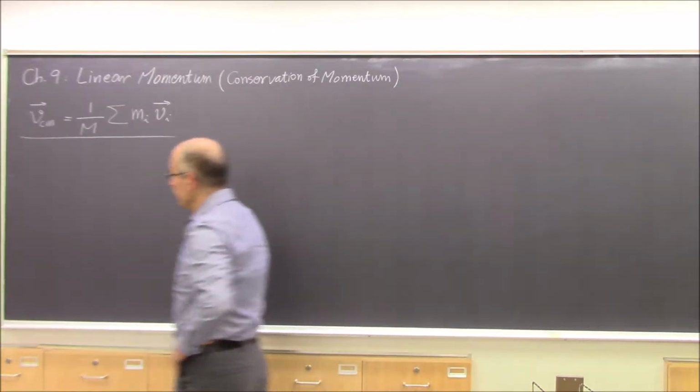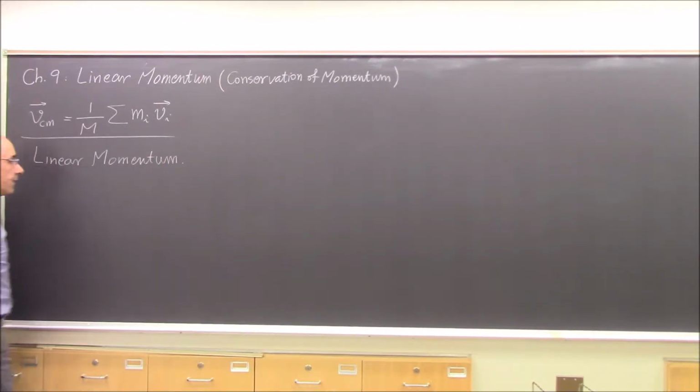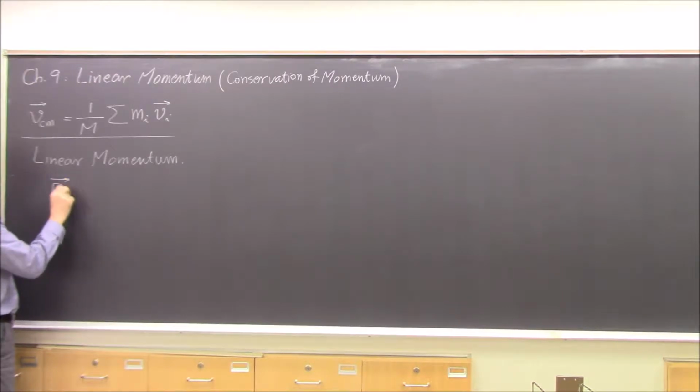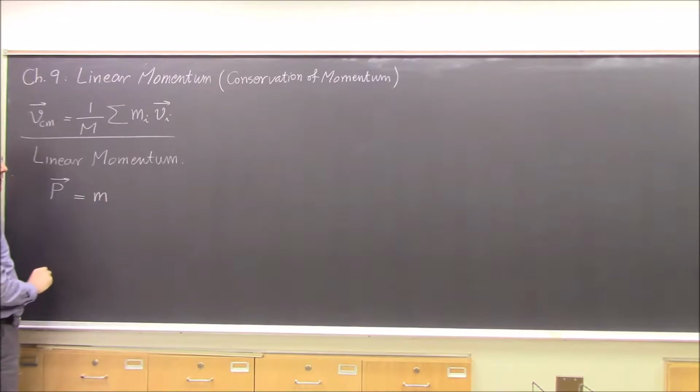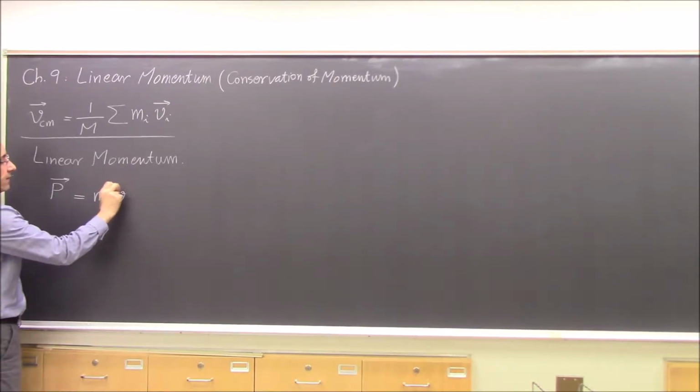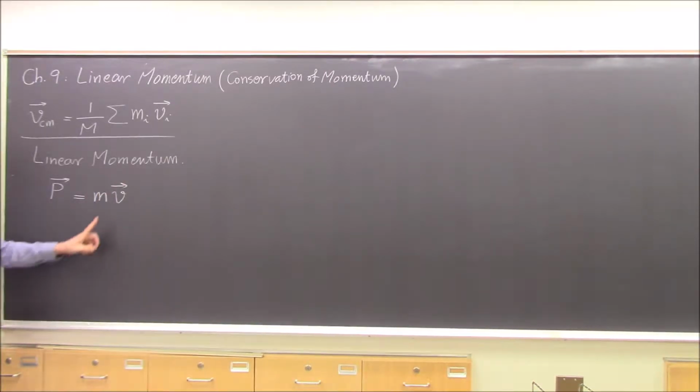A linear momentum for a particle that has a mass m and moves at velocity v, we define linear momentum denoted by p, and is defined by just multiplication of the mass times its velocity vector. Because velocity is a vector, you multiply by a scalar, you get another vector. That vector is momentum.